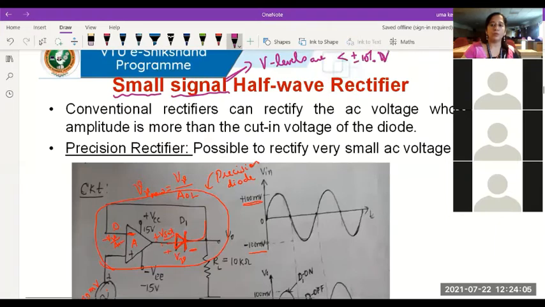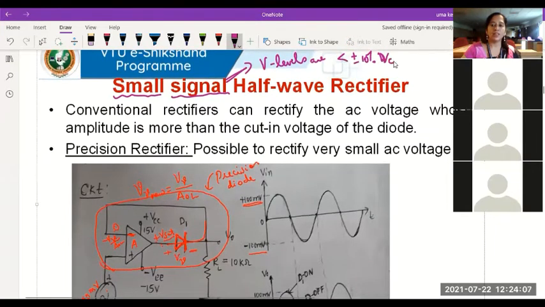So we have the Q point voltage, say VCEQ or ICQ, and the voltage levels we are talking about are within 10% of the Q point voltage level, which we will fix. Then we call it small signal. And remember, when I say small signal, we are normally working in the millivolts or microvolts range. So we are working with input signals which are a few milli or microvolts.